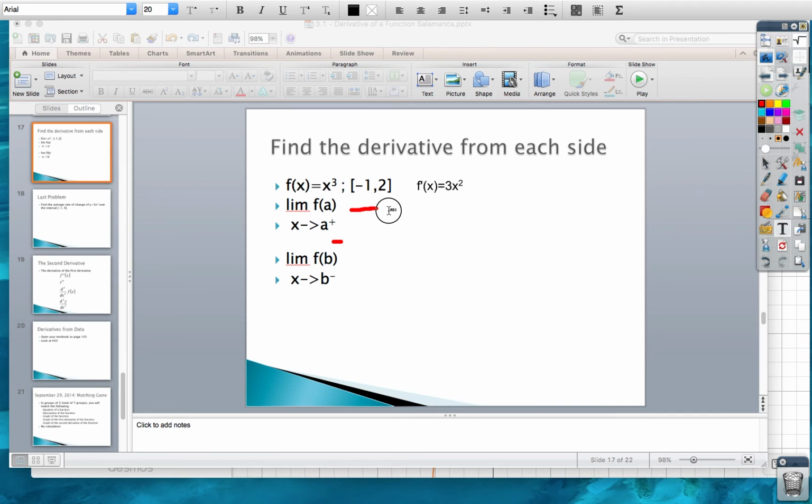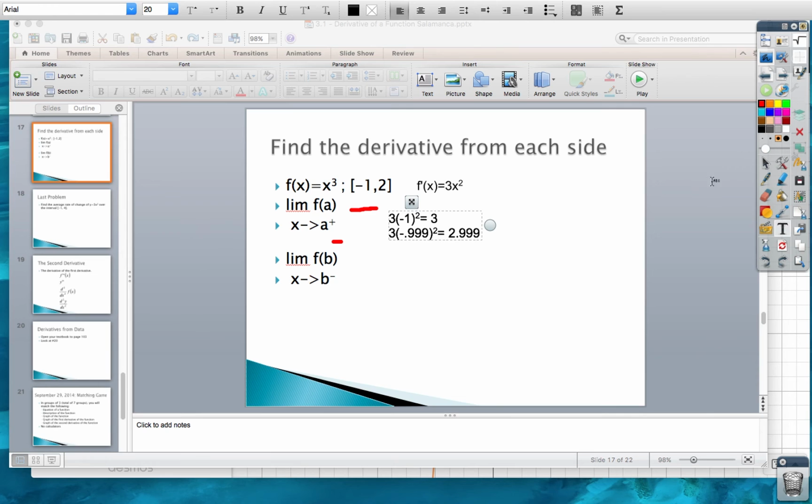Then what's the value of 3 times -1 quantity squared? That's going to be equal to 3. If we really want to be technical, we need to pick a point that's approaching -1. We could theoretically put -0.9999 squared, and we'd get something very similar to 3, probably something like 2.99.